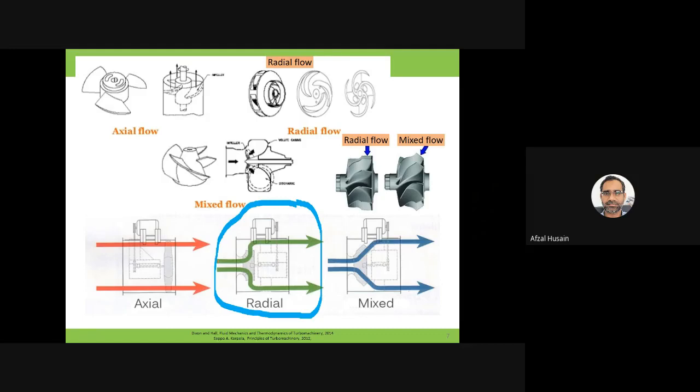The fluid is entering axially here, right? Can you see this? Yes, Doctor. The fluid is entering axially, but when it strikes the blade, it strikes here and then leaves radially.